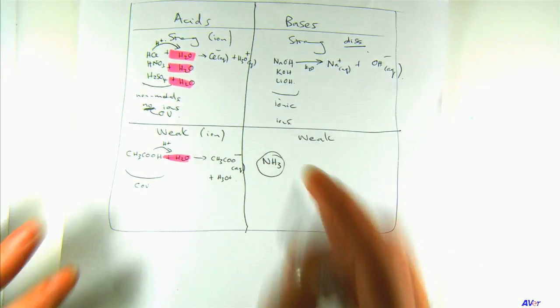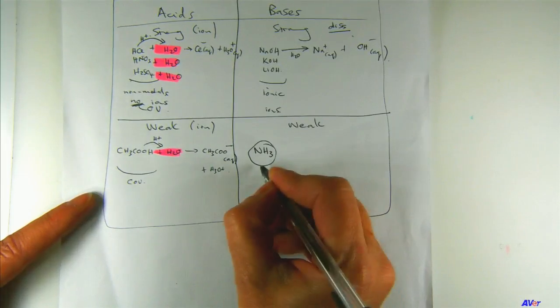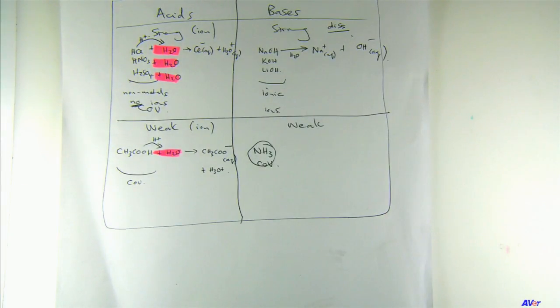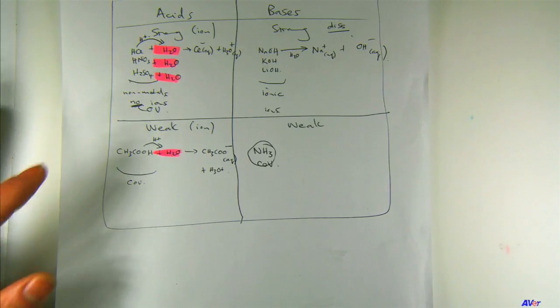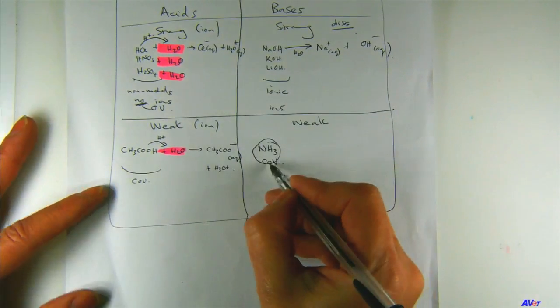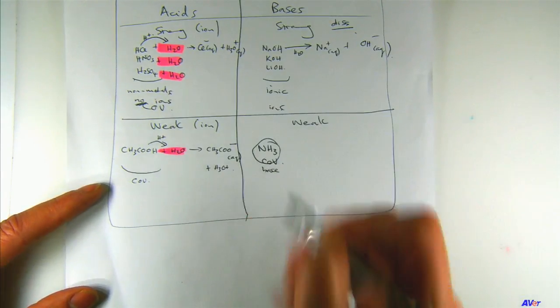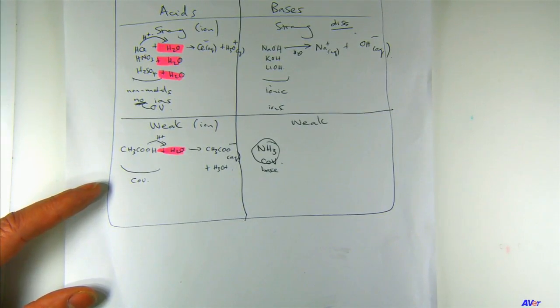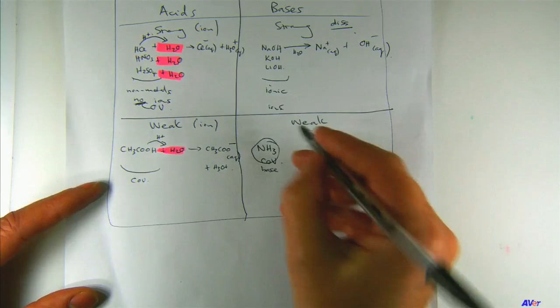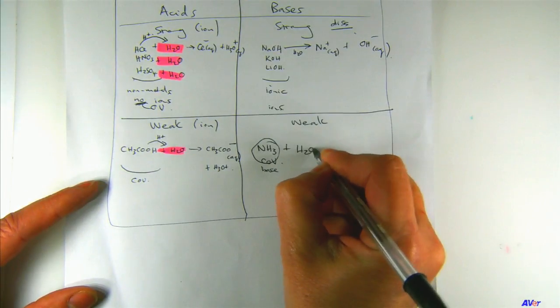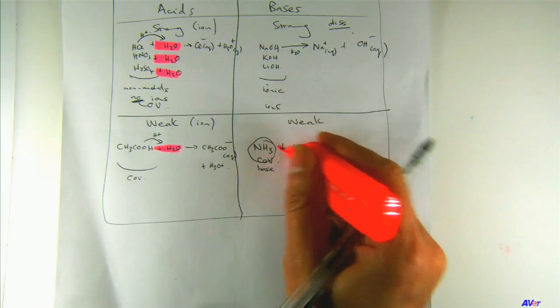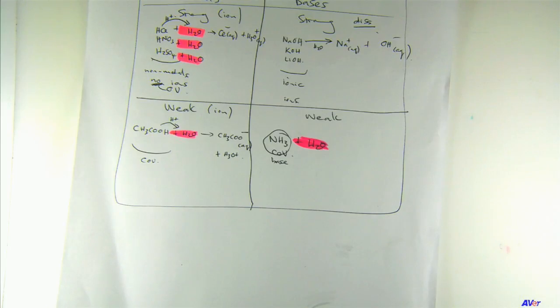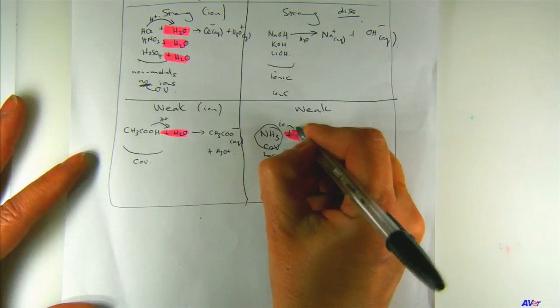So this is the only base that is covalent. All the other bases that you use are ionic and they will dissociate. But when you get to NH3, this one is the weird one. It is our only covalent base. And what do we know about covalent things? There are no ions present. So when you react this one with water, you have to put water in your equation because this base is actually going to ionize.